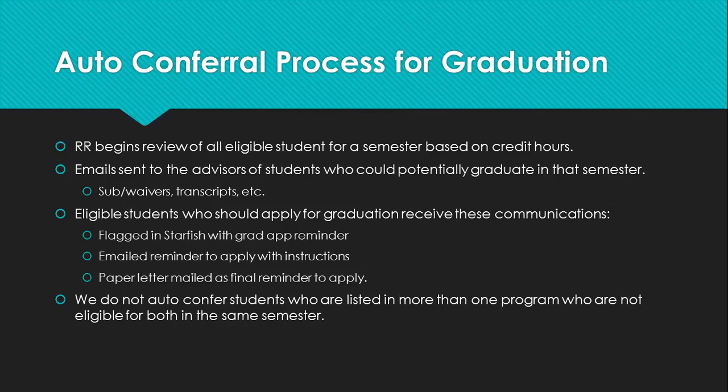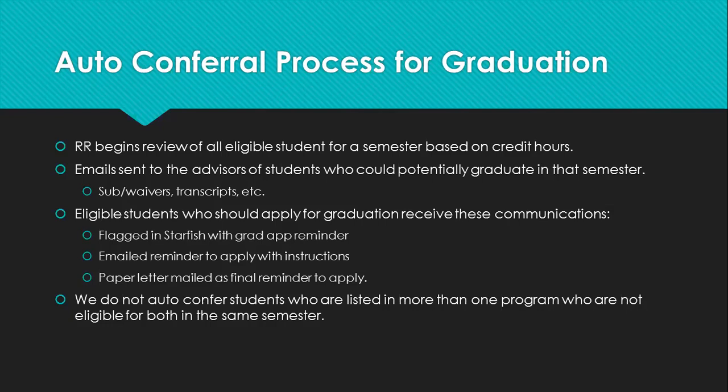So degree earning students that have 50 earned credits or more, or certificate earning students who have 26 credit hours or more, are all grouped onto this report, and I go through each one of them and evaluate them on their degree works audit to make sure that they're on track, that all their classes are in progress and their requirements are going to be met, and those students are put into my group for auto conferral at the end of the semester.